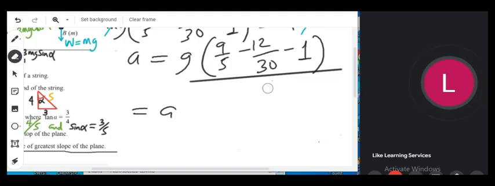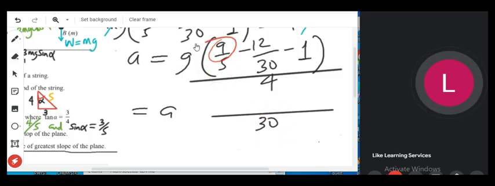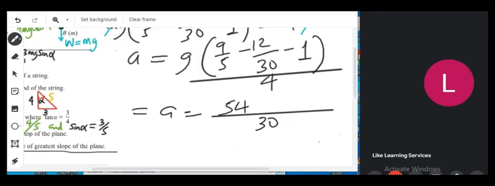Let's write this properly. LCM for the numerator is 30. 30 divided by 5, 6 times 9, 54. Then 30 divided by 30, 1 times 12, 12. Then minus 30, because this is like saying over 1.